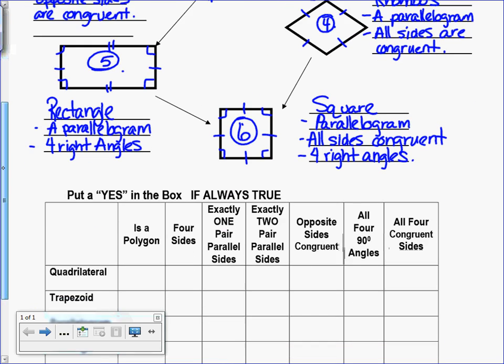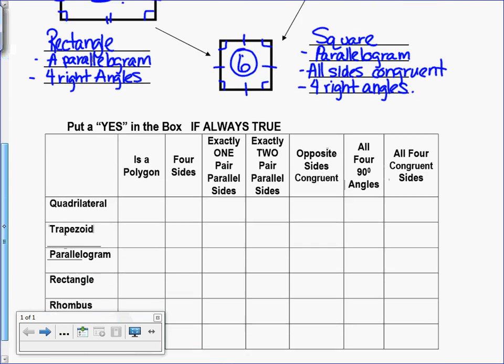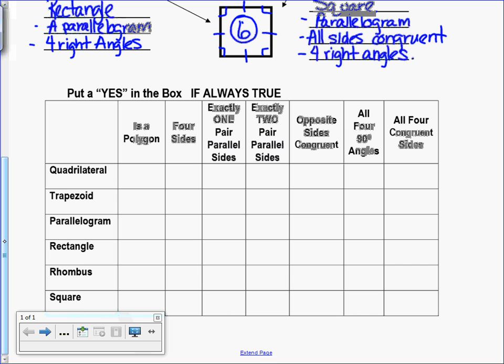Now, based upon everything that we wrote up here, down here in the table, what I'd like you to do is to put a yes in the box if it's always true. Okay, so let me go ahead and I'll do quadrilateral for you because it requires the least amount of work. Okay, it is a polygon. A polygon means it is an image with three or more sides.